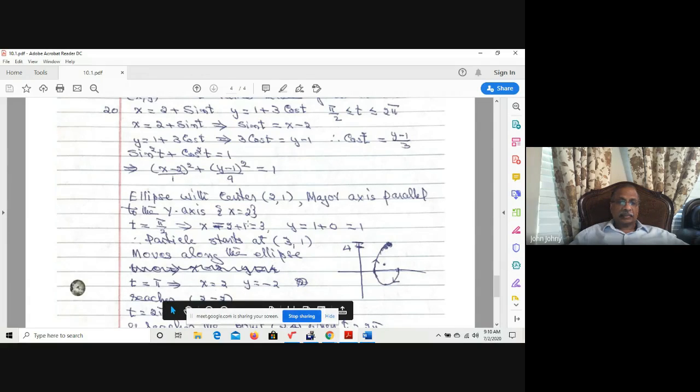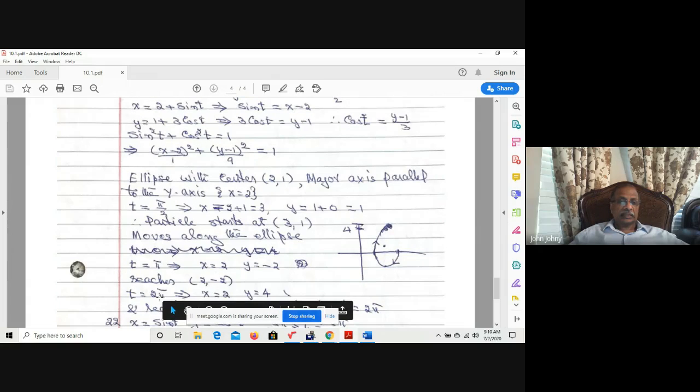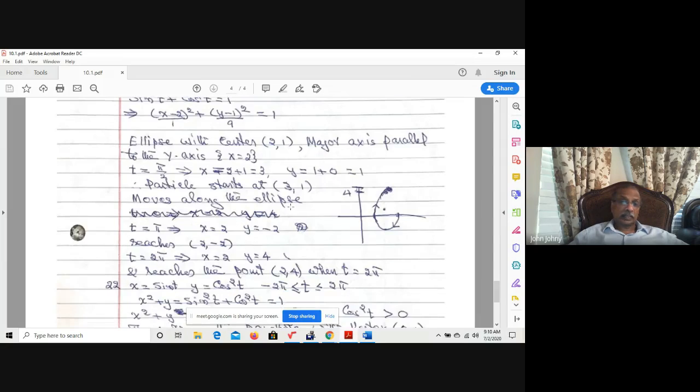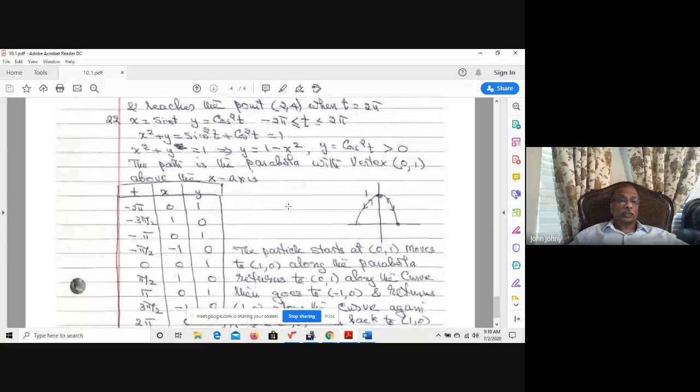And then when t is equal to 2 pi, x is 2 and y is 4, you substitute. x is 2 because sine 2 pi is 0 and cos 2 pi is 1. So it is 1 plus 3, 4, and reaches the top of that ellipse. So it starts from 3, 1 and then moves along the ellipse and it reaches the top vertex of the ellipse.